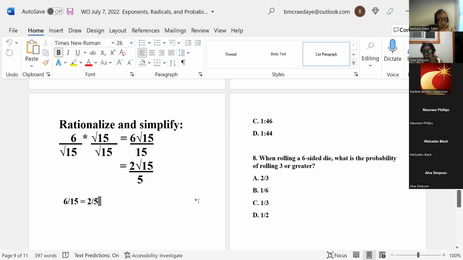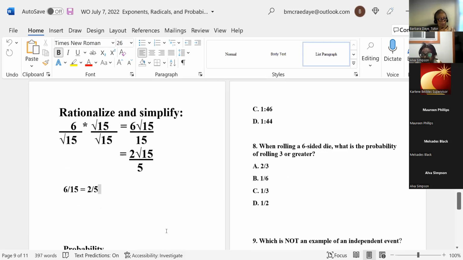Well, the rationalize is what we did here. Multiply both numerator and denominator by the radical. The simplifying is recognizing that you have 6 and 15 that have common factors of 3. So you can simplify it to 2 over 5. Got it? Yes. Okay. All right.